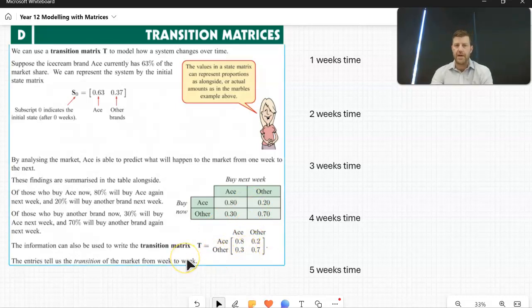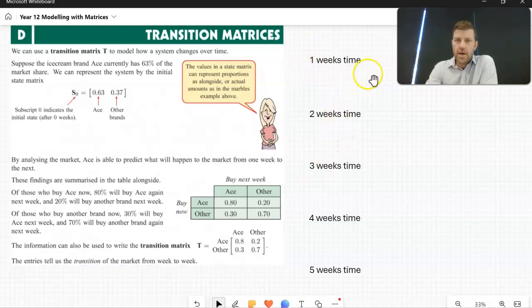And this transition matrix helps us determine what's going to happen on a weekly basis in terms of change from that initial state matrix. Now, what we're going to do is use the initial state matrix and the transition matrix to determine what percent of the market Ace will have in 1, 2, 3, 4, and 5 weeks' time.